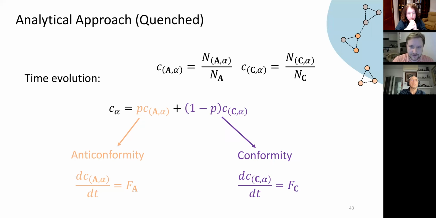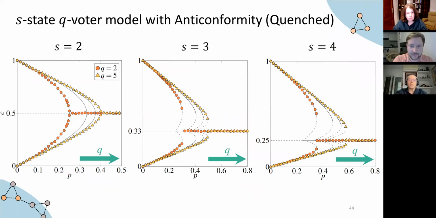So basically, the equation for the concentration of anticonformist agents in state alpha and conformist agents in state alpha, and we can join them together by this equation. So again, I can produce the concentration of agents in state alpha very easily, and these active forces will be used later on. That's why I show you these equations here. So I can calculate everything and reproduce the solution.